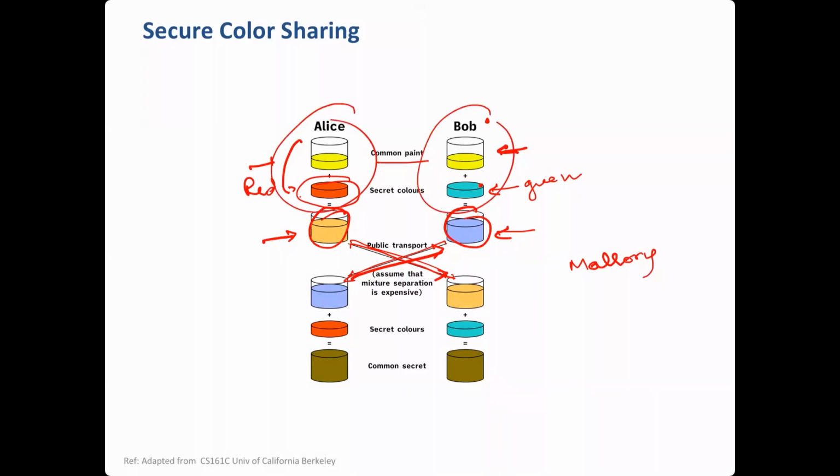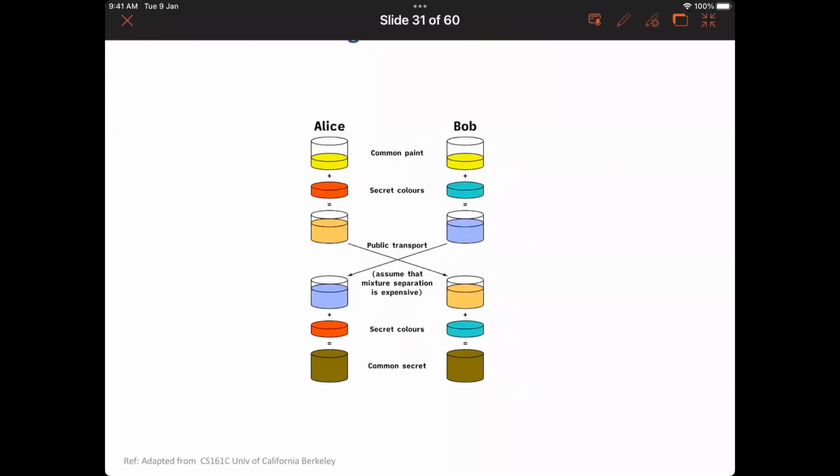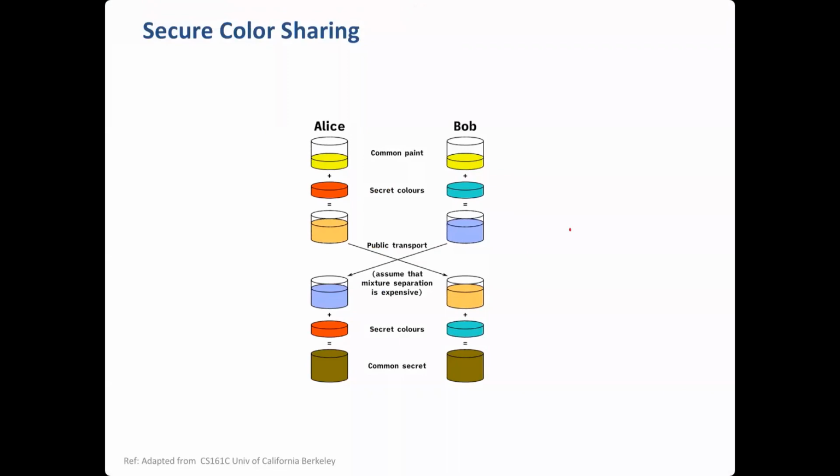So if Mallory receives, for example, this orange color, she cannot figure it out. Although she knows the yellow, she cannot get the secret color out of it.